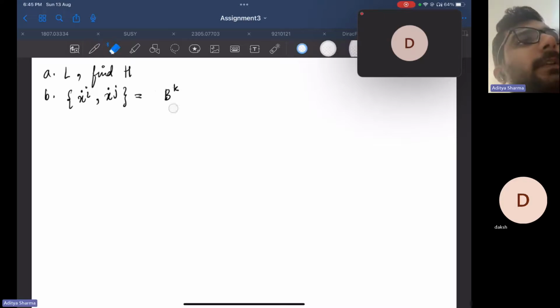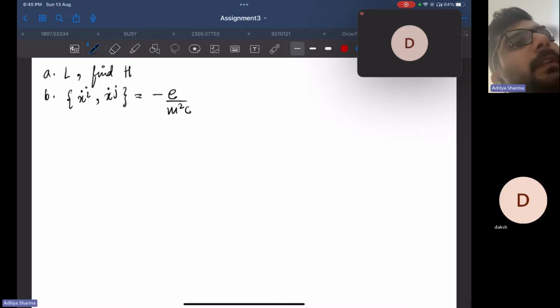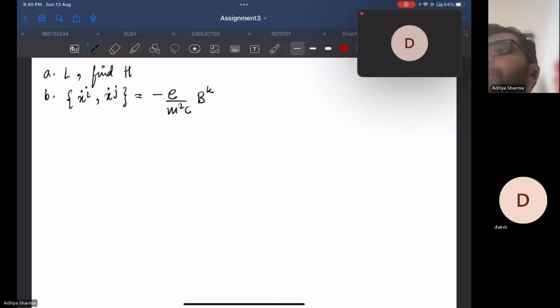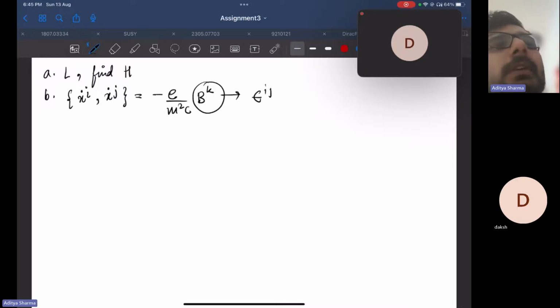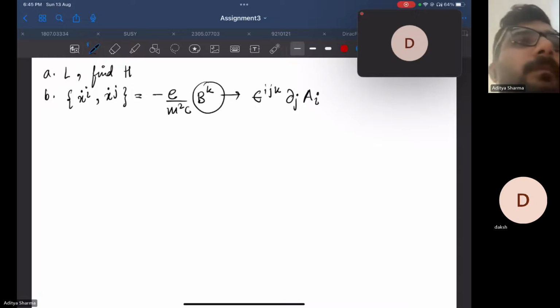And the constant is something like m squared c. Check this. And you get this term to be like ijk. If you want an epsilon, put this. Okay, try doing these questions, and I think you'll have understood a lot of it.